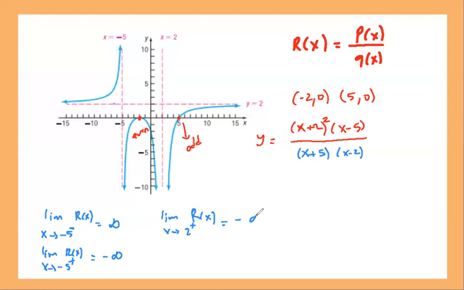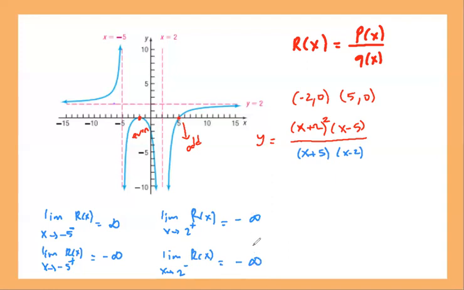So that is negative infinity. And if you do the same thing with the other side, when x approaches from the left side, r of x is also going to negative infinity.